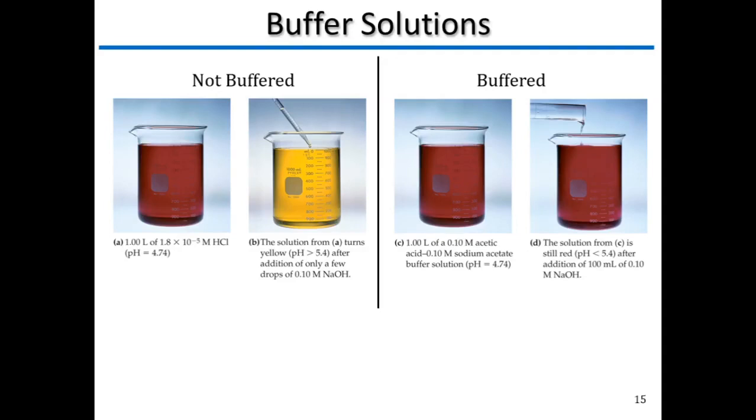Well, here actually we're adding 100 ml. In our previous example, we only added just a few drops. So here we're actually adding 100 ml, so a lot of sodium hydroxide, excuse me. And notice that the indicator doesn't change. So we're staying at the same pH, so our indicator doesn't change. So again, this is a buffer solution resisting changes to pH.